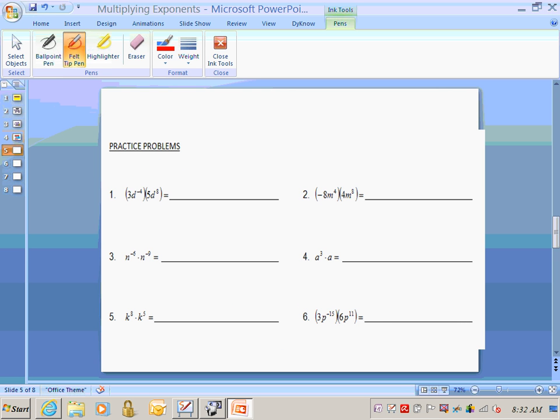Okay, some practice problems. My coefficients are 3 and 5. So if I multiply coefficients, I've got 15. And I've got d to the negative 4 plus 8, right? So what is that?